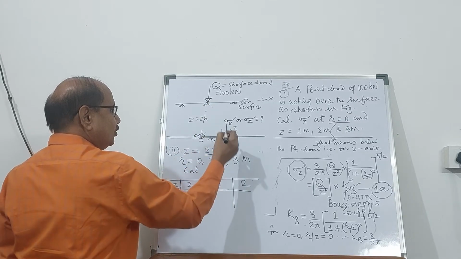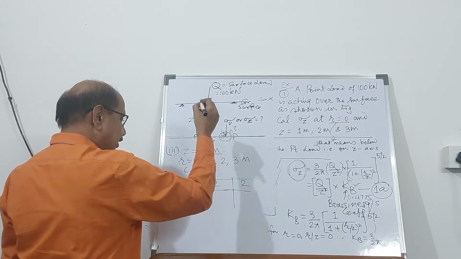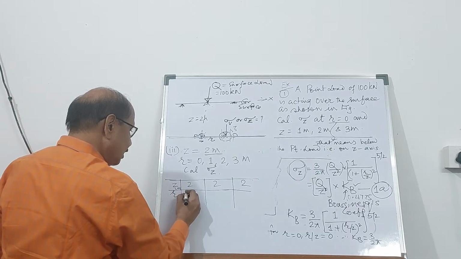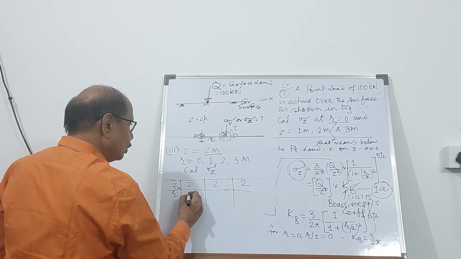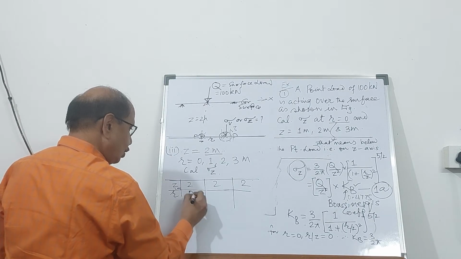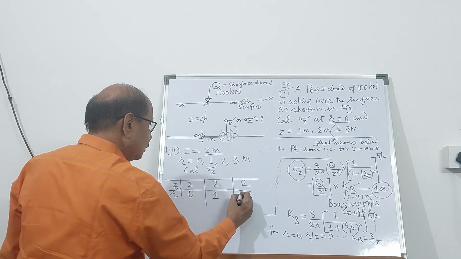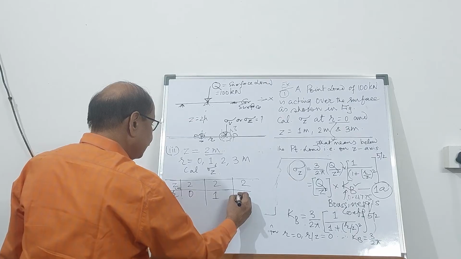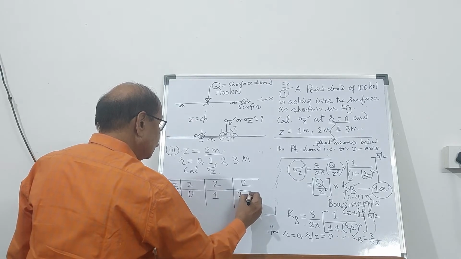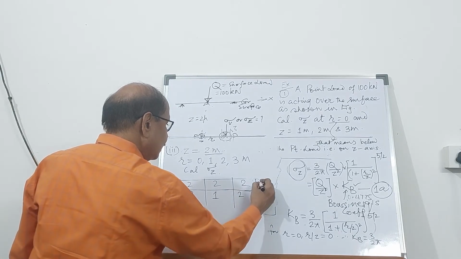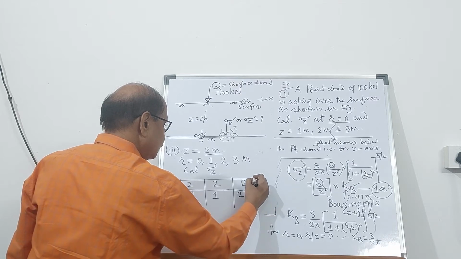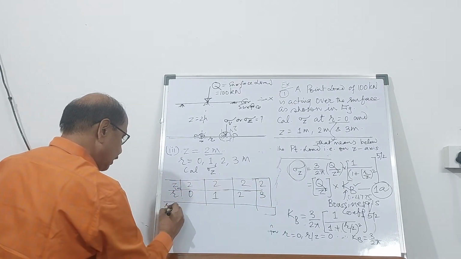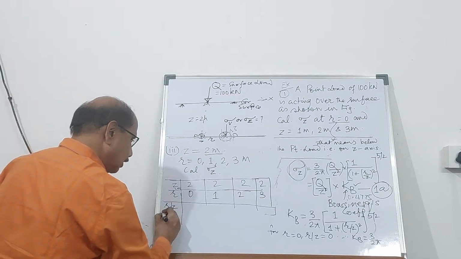What is the vertical pressure? r equal to 1 meter. So r equal to 0, 1 meter, 2 meter, and 3 meter. So r by z you can calculate. Ratio can be calculated.